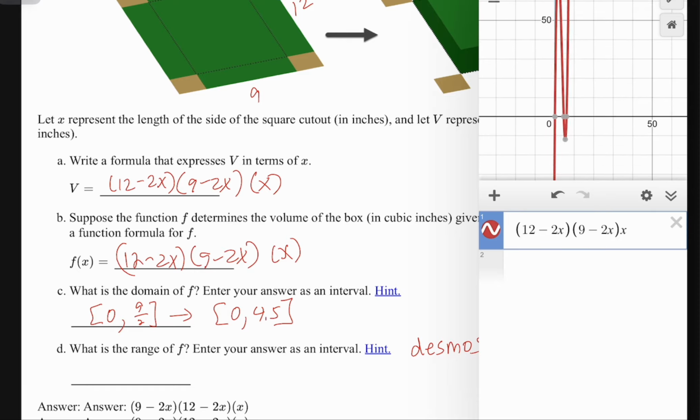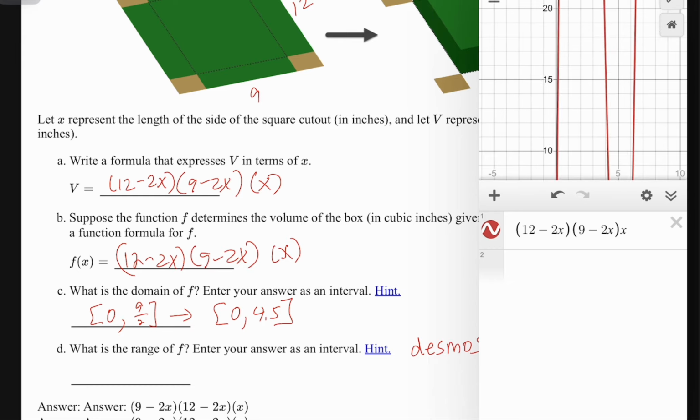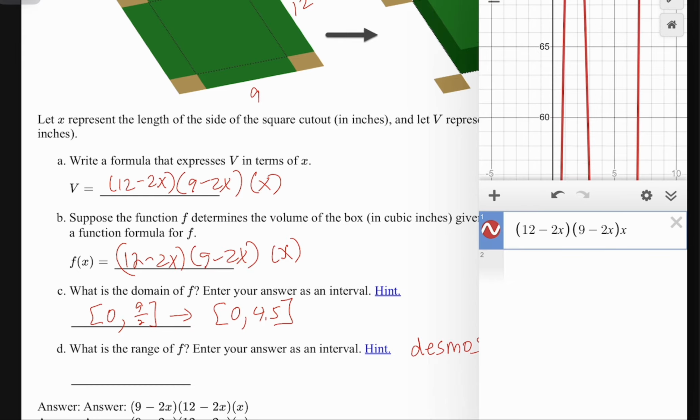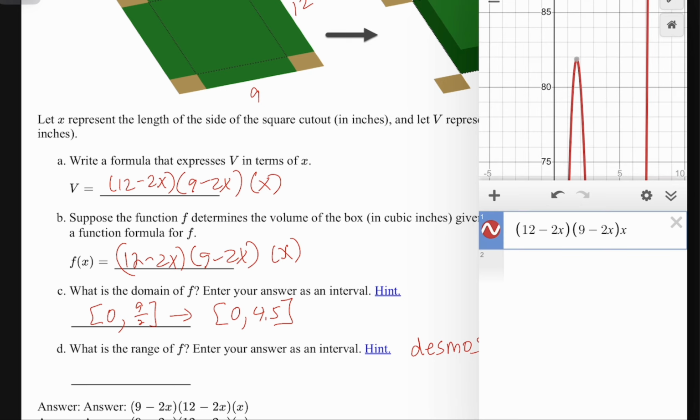I'm trying to scooch in for you. We really only want this first bump, and we are looking for the lowest to the highest. The lowest volume is nothing. The highest volume is that number you see there, that 81.87.